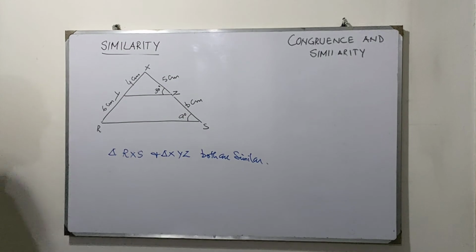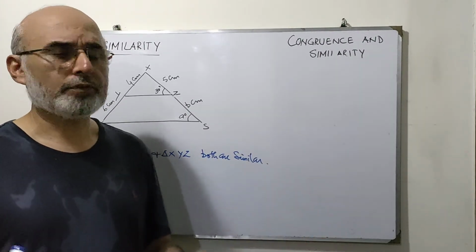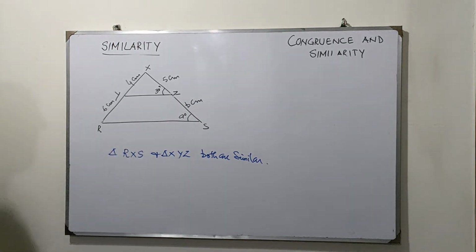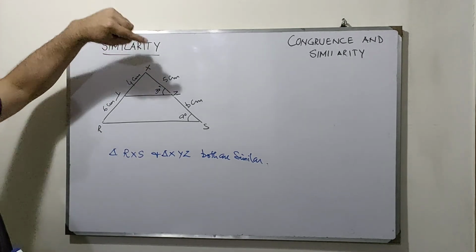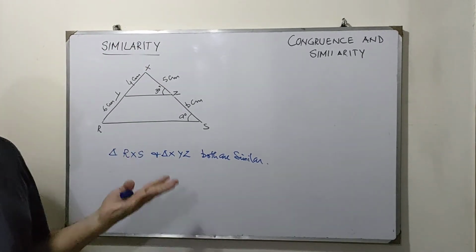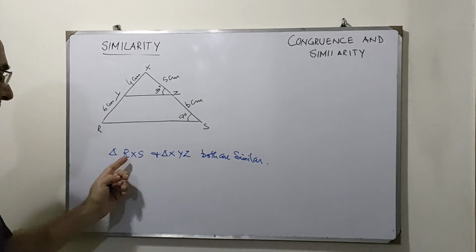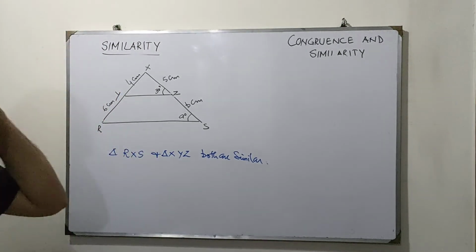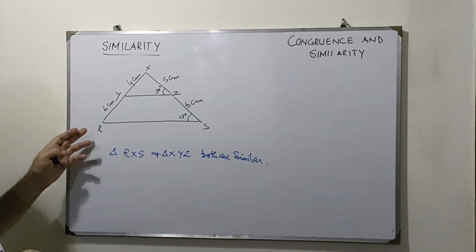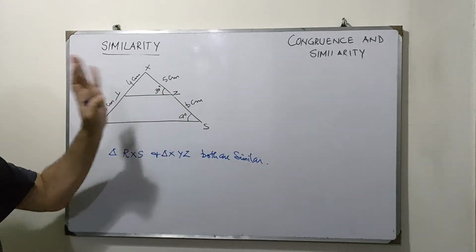Let's find the unknown side first. In this case it is very easy, because one vertex X is common in both triangles. X is in RXS and X is in XYZ. The only thing is R is corresponding with Y and S is corresponding with Z.